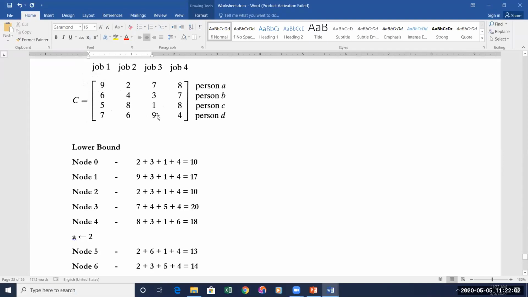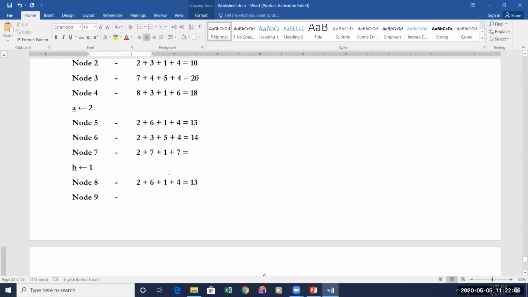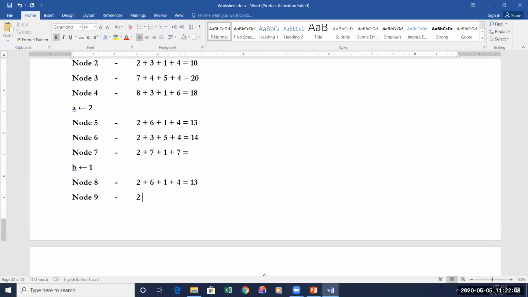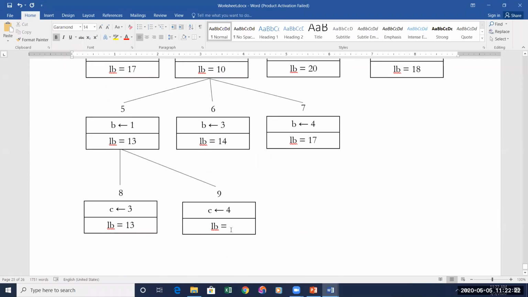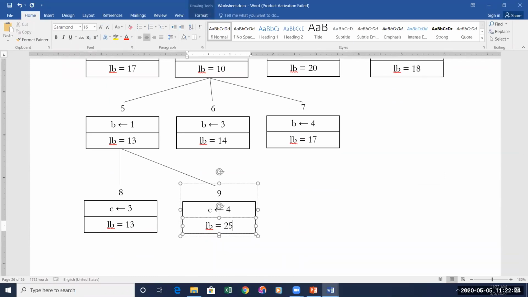For person D, only 9. This column is free. That means 8 plus 9, that is equal to 10, 19 and 25. So 13 and 25 are the values for these.